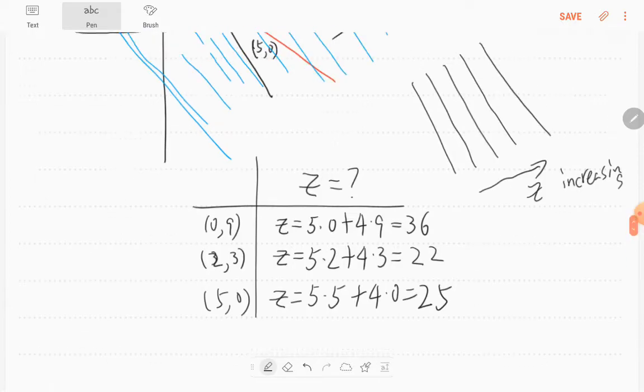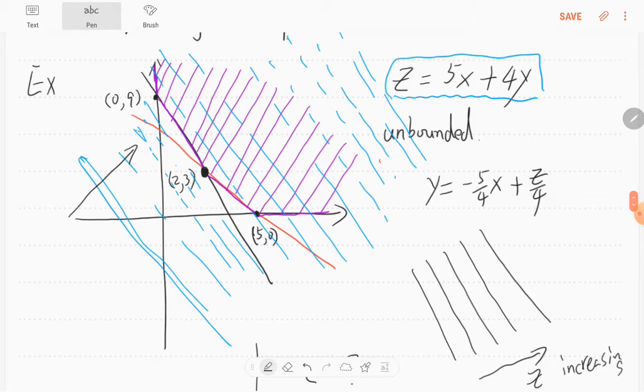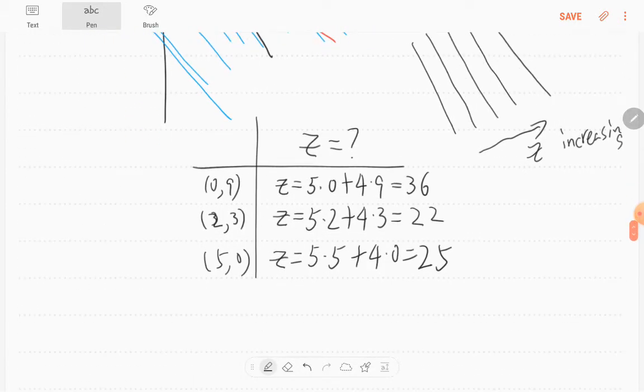So in other words, this is the point the line will touch first as it goes upward, and it gives you the smallest z value.